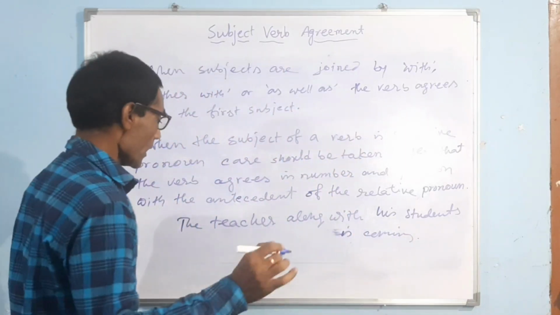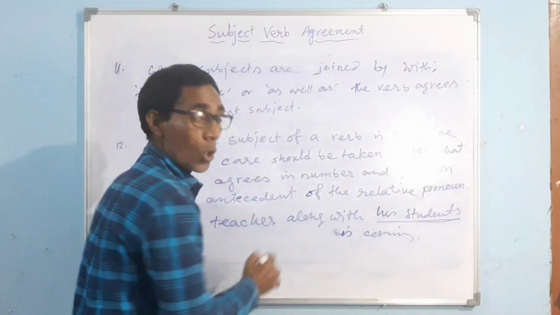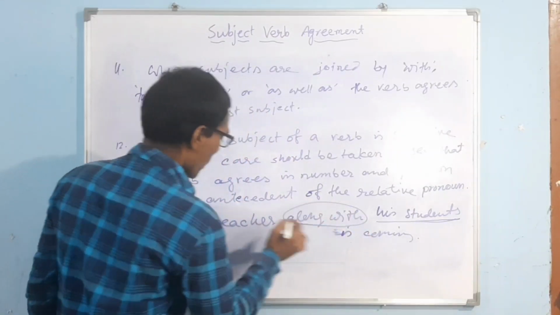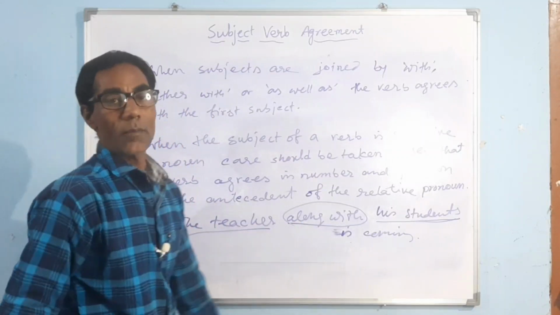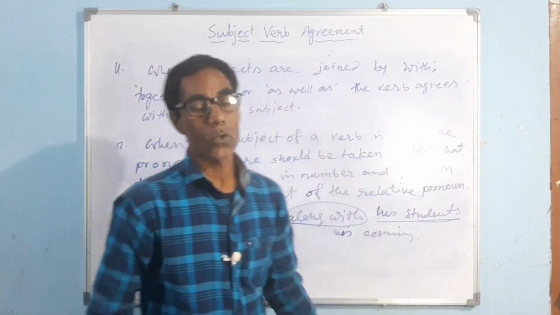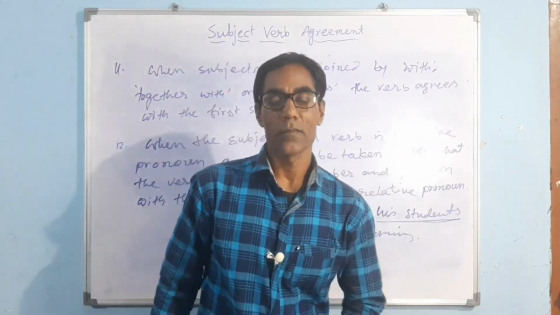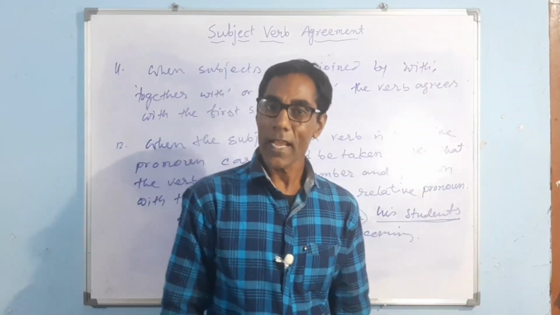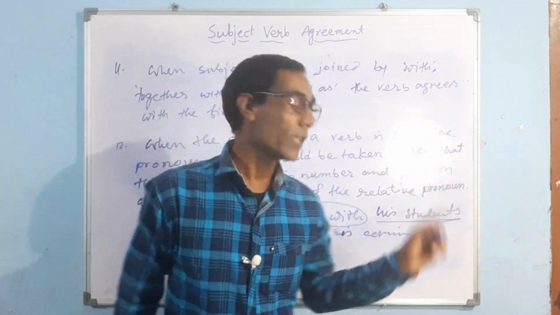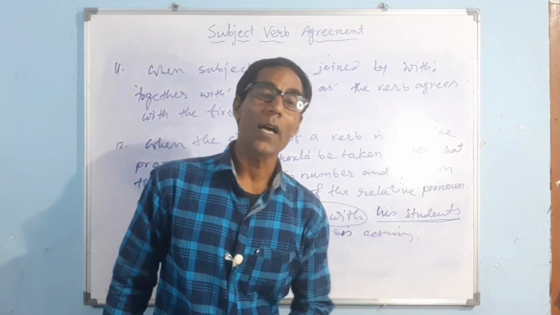You may think that the along with his students, that is plural, therefore you may write here plural, but that is wrong. So because along with is there, the teacher, therefore the first one will be the subject. Got it? So therefore when subjects are joined by with, along with, together with, as well as, in that case the verb agrees with the first subject. That's why the teacher is the subject here, and teacher is singular, and you have to use a singular verb.